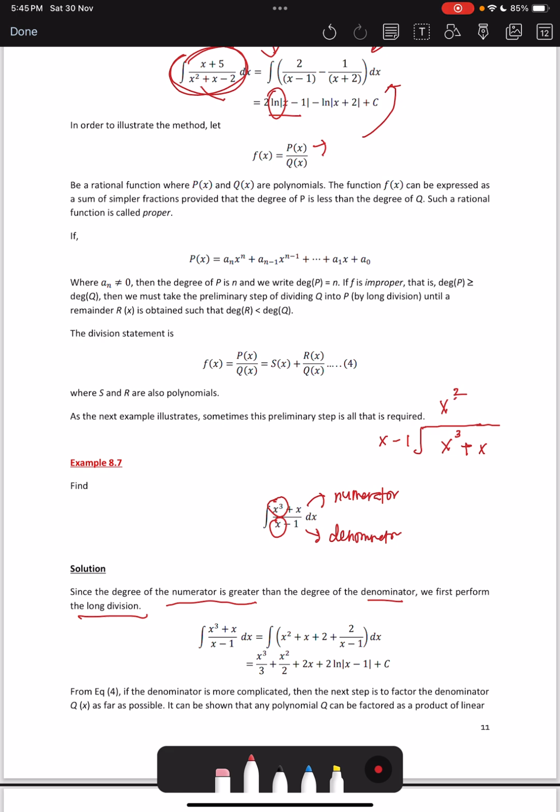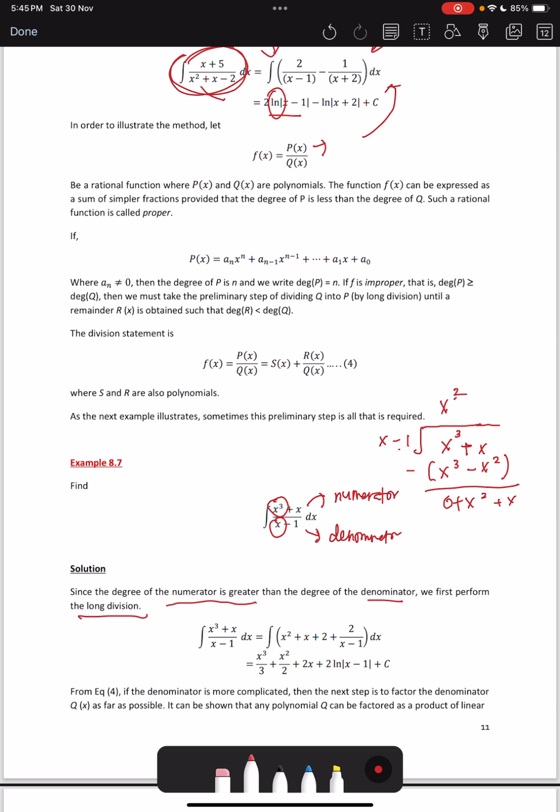So x power of 2 multiplied by x, you get x power of 3. x power of 2 multiplied by negative 1, we get negative x power of 2. So we need to subtract this. x power of 3 minus x power of 3, you get 0. 0 minus negative x power of 2, you get x power of 2. x minus nothing will be x. So you are left with x like this.